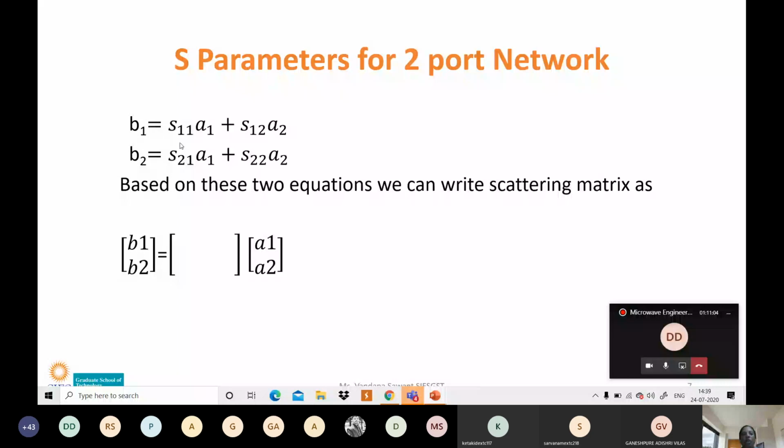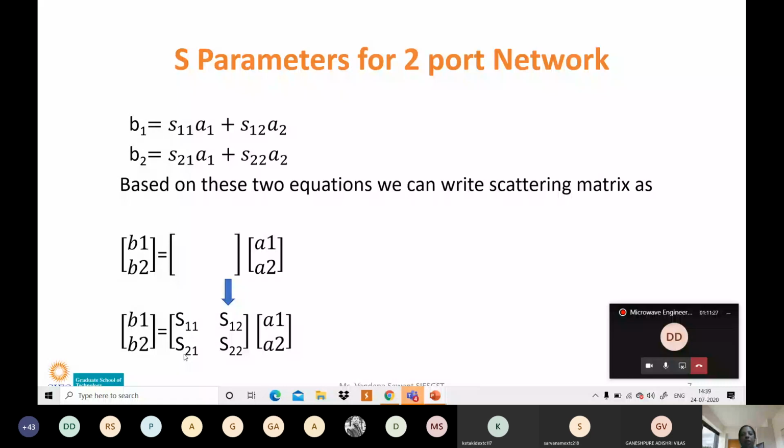So S11 and S12 I will write in the first row, that is, whatever the parameters in equation number 1, I will write in the first row. Whatever the parameters in equation number 2, I will write in the second row. So this results in the output matrix.